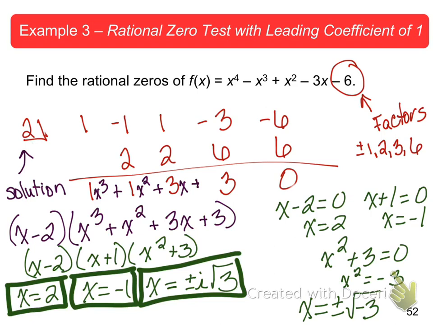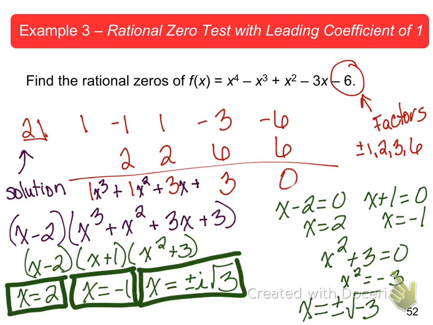It's a complex solution. If we were to graph this, and I'm going to graph it right over here, I'm sketching it, I'm not graphing it. It's a very, very loose sketch. So while we're sketching this, let's remind ourselves how to sketch.